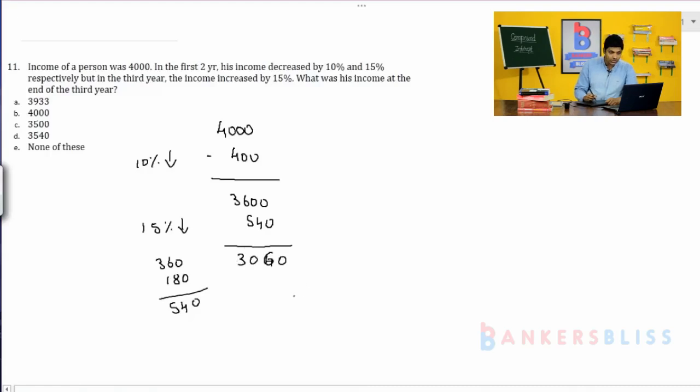For this 3060, you have to calculate 15%. Again, 15% means 10% plus 5%. 10% means 306. Next, 5% you have to calculate. So half of 10%: 2 1s are 2, 2 5s are 10, 2 3s are 6, that is 5%. After that you are going to end up with 459.